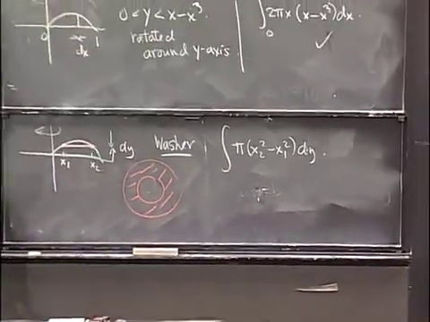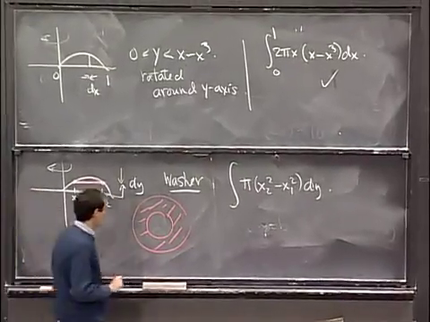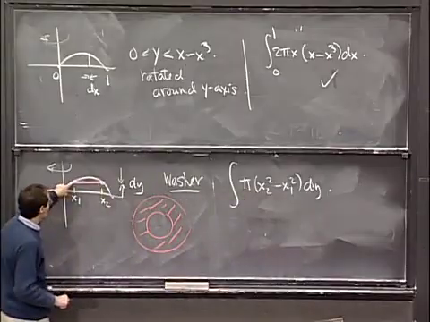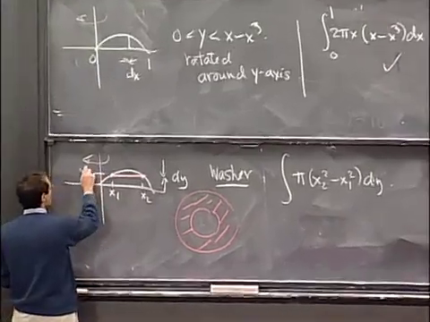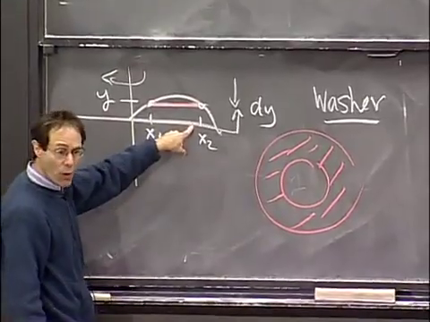But I'm just going to go one step further into this one to see what it is that's happening. If you try to figure out what these values x1 and x2 are, that corresponds to solving for x1 and x2 in terms of y.